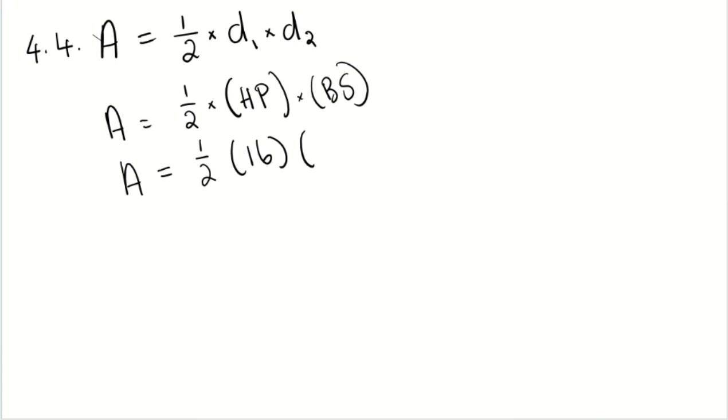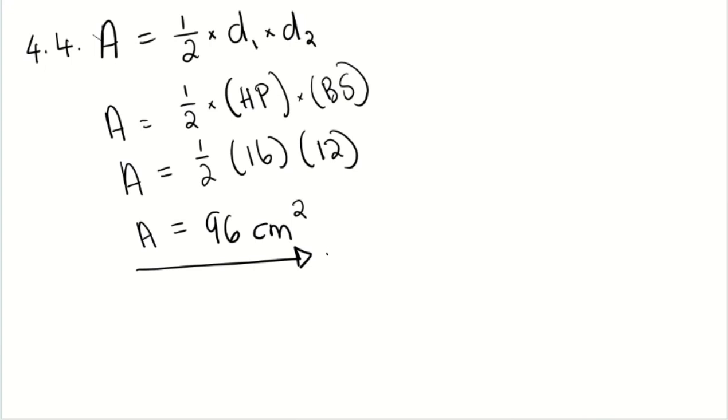And now when you punch that onto your calculator, you're going to find that it gives you 96. We are looking for area, right? And we know that the units of area are square units. So our unit was given as centimeters, so it's going to be 96 centimeters squared. And just like that, you have solved all your questions and you'll get yourself 11 marks.